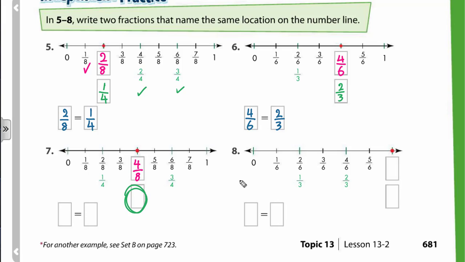1/2. 1/2, that's right. But as you can see in this question, of course 1/2 is correct, but in this question, we have 1/4 here and 3/4 is here.